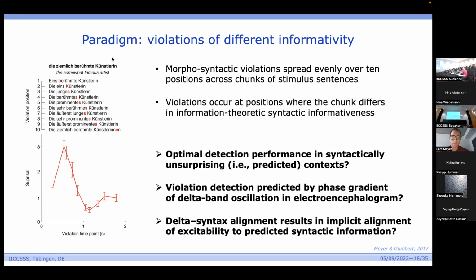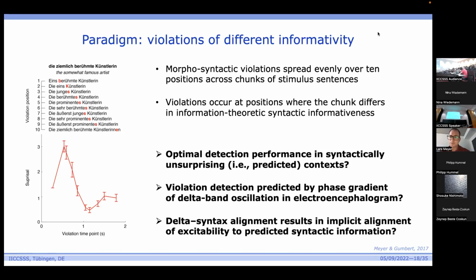So we need the time resolution. And then we place little errors in the phrase or in the chunk at 10 different positions. It was a master's thesis, and the student, well, he still speaks to me, but I don't know, he wasn't super happy with all that work, but you know, he succeeded. It was a complex study, but yeah.